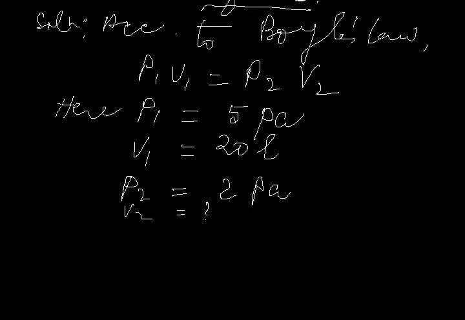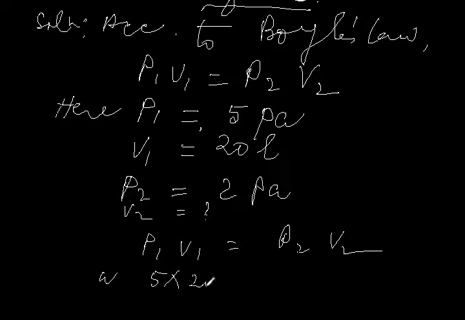Now according to Boyle's law, P1 V1 equal to P2 V2. Or here P1 5 into V1 20 equal to P2 2 into V2.